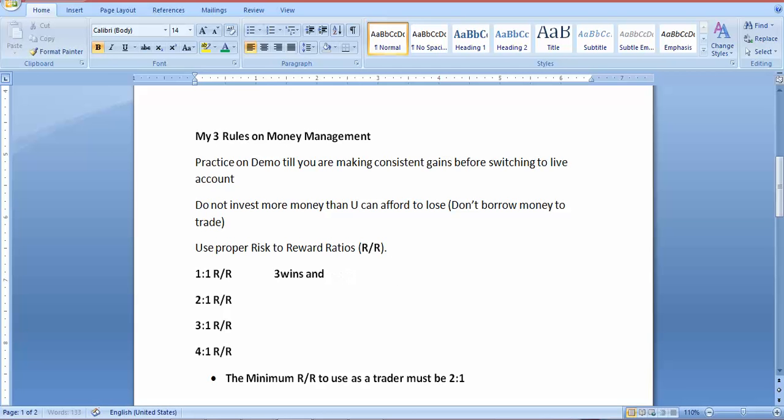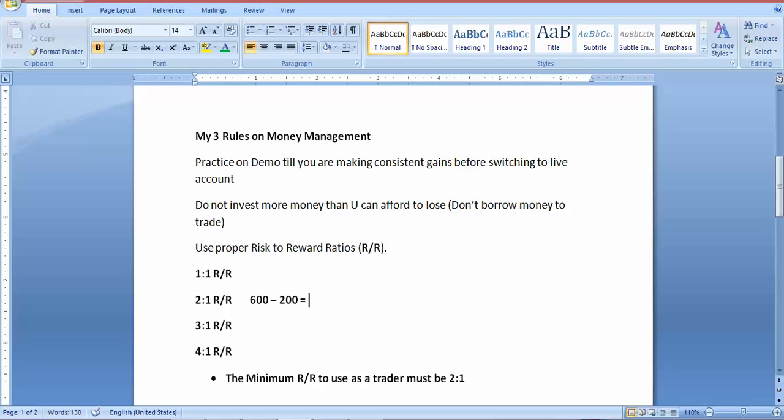Let's apply the same scenario to 2:1. For 2:1, it means that if you are looking for $100 profit, the risk you take is $50. So if you won 6 trades, 6 times 100 will give us 600, and you lost 4 trades, 4 times 50 will be $200.